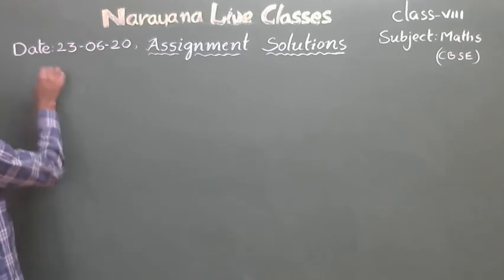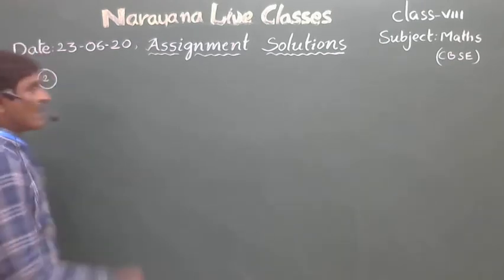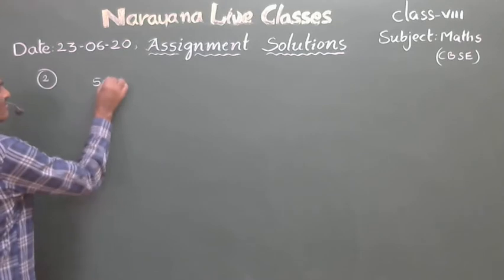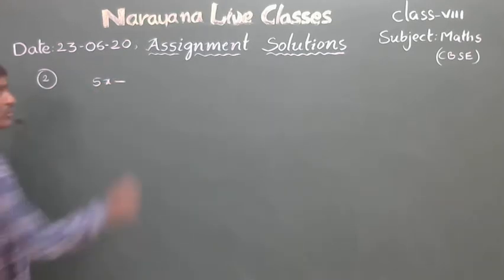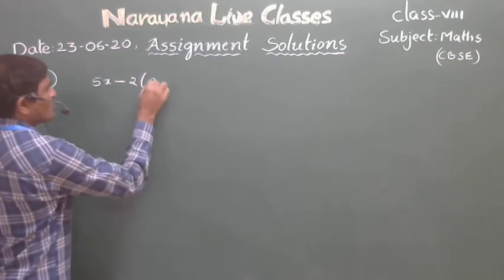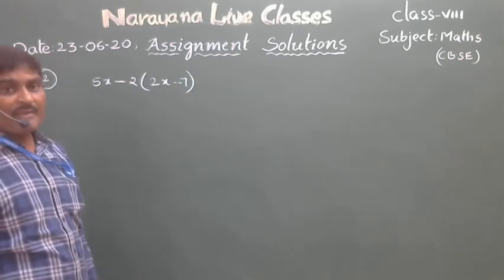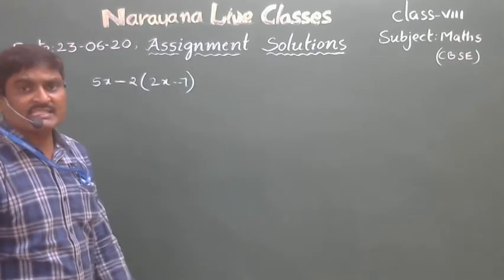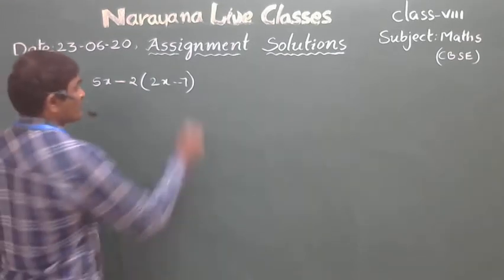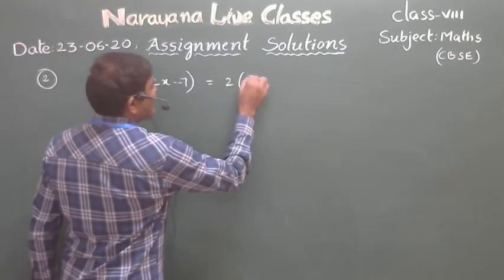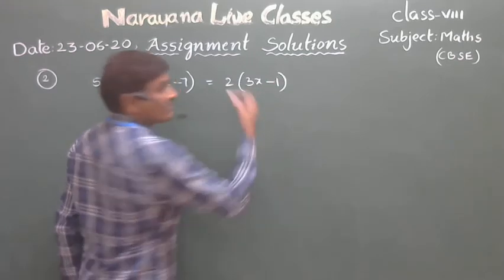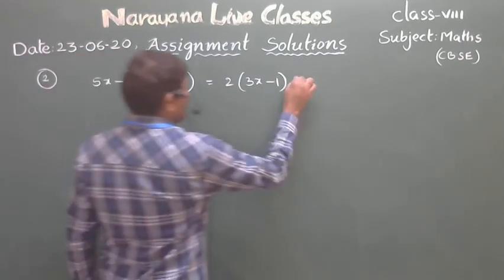The second question is 5x minus 2 into (2x minus 7) is equal to 2 into (3x minus 1) plus 7 by 2.